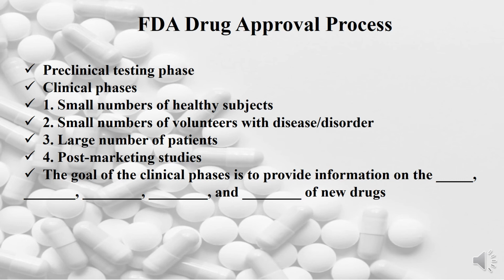Once a potentially beneficial drug has been identified, the pharmaceutical company must follow a regulated, systematic process before the drug can be sold on the open market. This U.S. system of drug research and development is one of the most stringent in the world. It was developed out of concern for patient safety and drug efficacy.